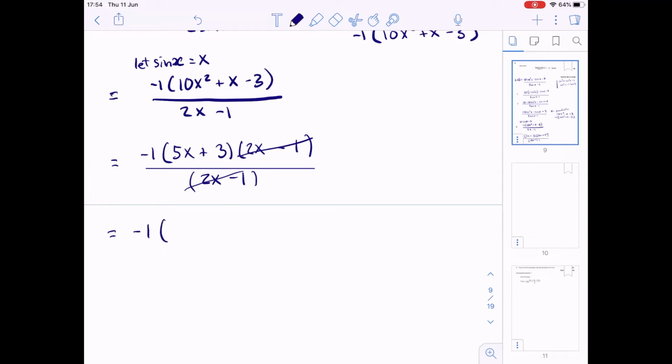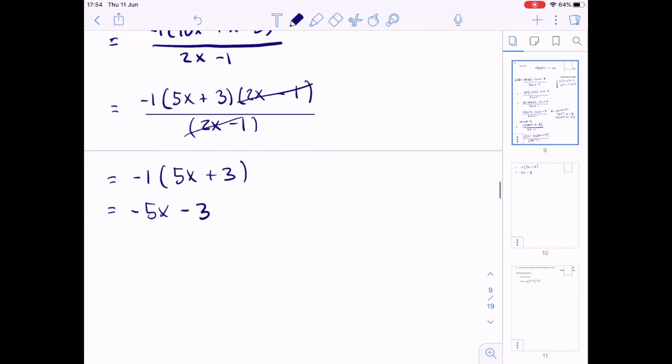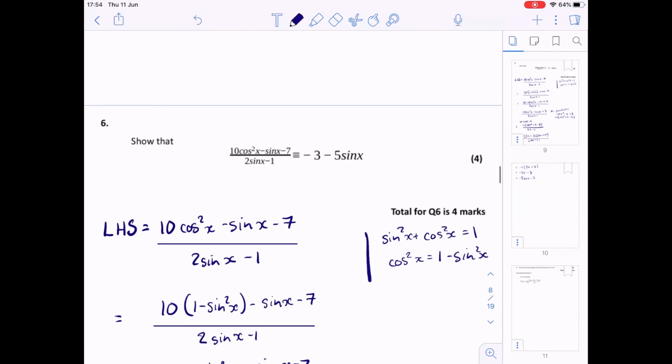with minus 1 times 5x plus 3, or minus 5x, oh sorry, not plus, minus 3. And remember we said let sine x equal x, so this is minus 5 sine x minus 3, which is what we needed to show.